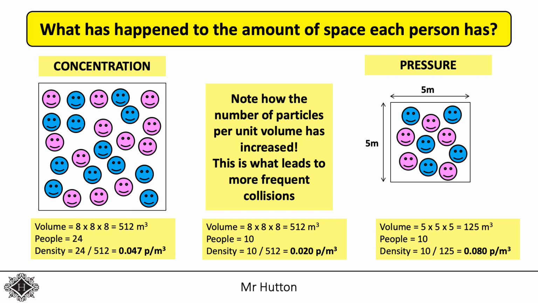If you're decreasing the concentration, you'll be decreasing the number of particles per unit volume. Likewise with pressure, if you increase the pressure, you're increasing the number of particles per unit volume. That's a key term that you need to write in order to get marks. And then the second point is linking that to the frequency of collisions.